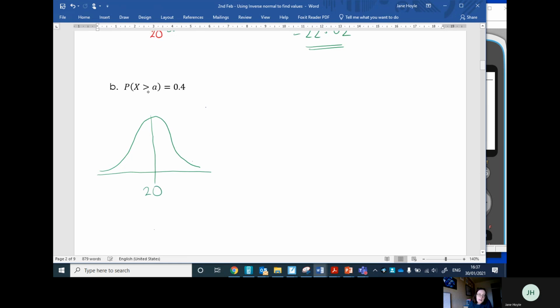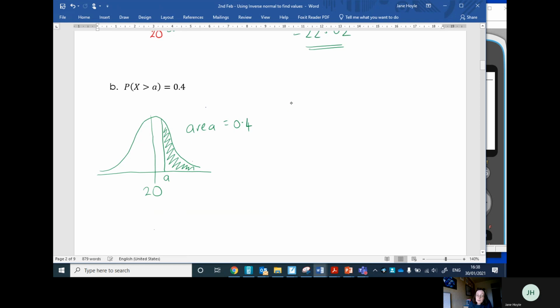So I want a value of A so that the area above it is 0.4. And actually, it's not far off what we've just done, is it? I've got a line coming down here. The area above it, so this area here, I want to be equal to 0.4.